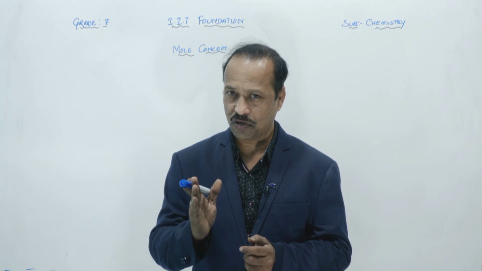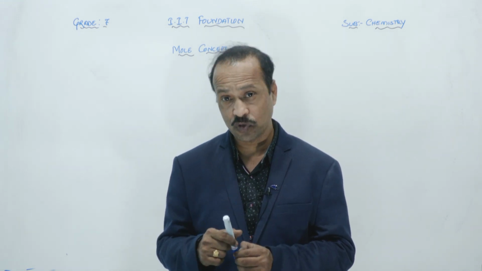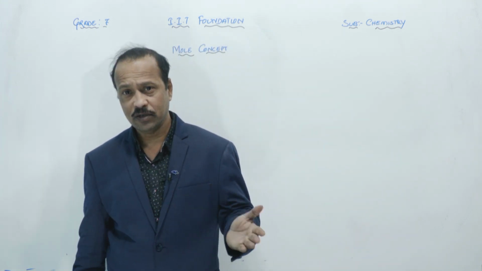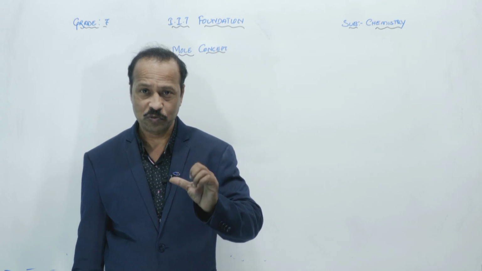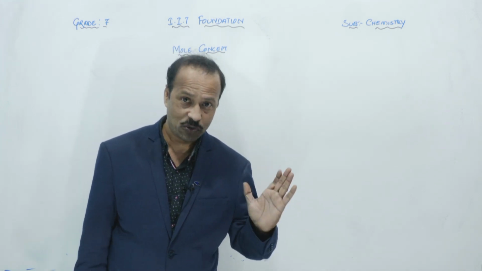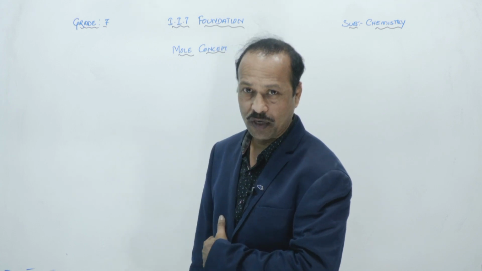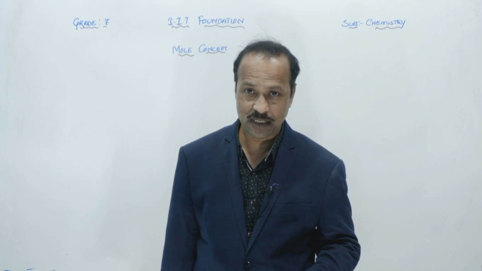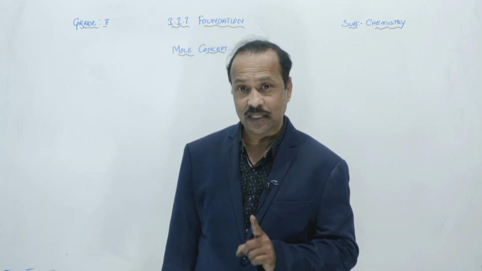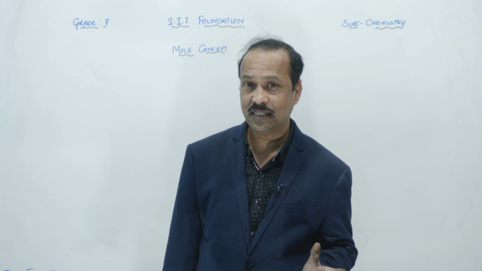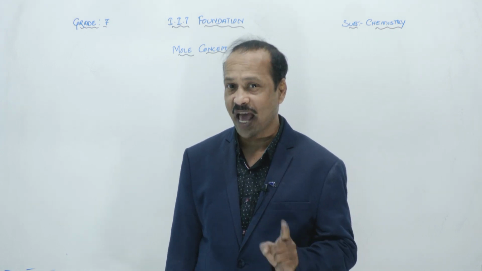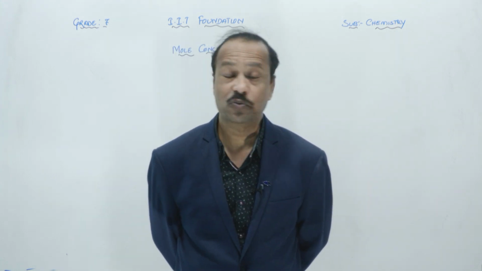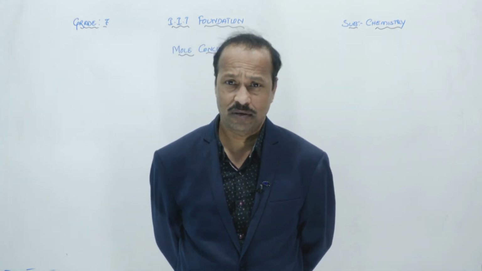If our eyes are sharp, we can see up to 10 to the power of minus 4, a small dot. But for sizes less than 10 to the power of minus 5 or minus 6, we need a microscope. But here, the atomic or molecular size is generally expressed in nanometers, so it is very, very small.